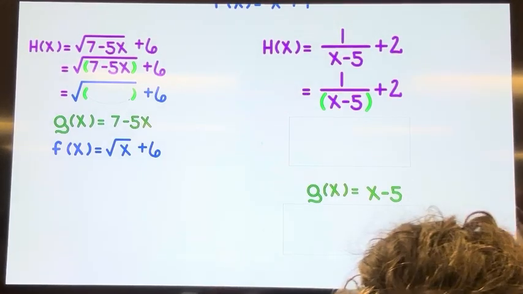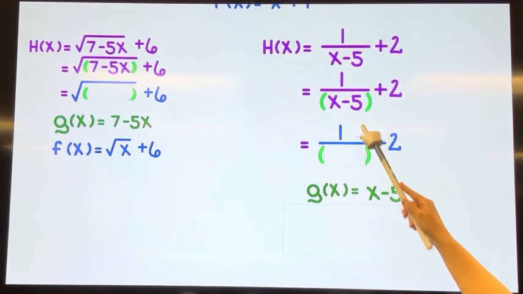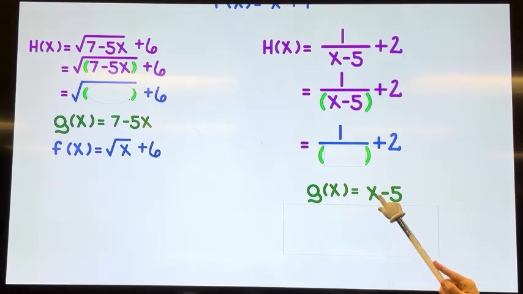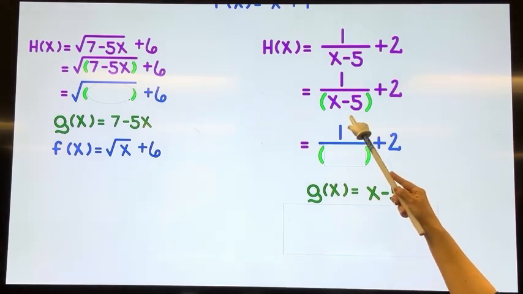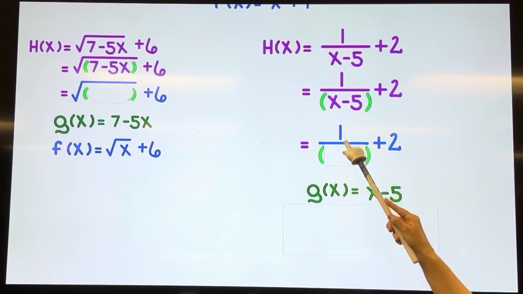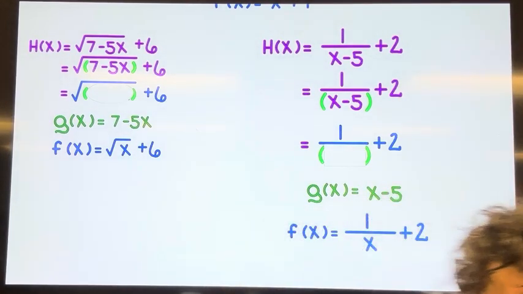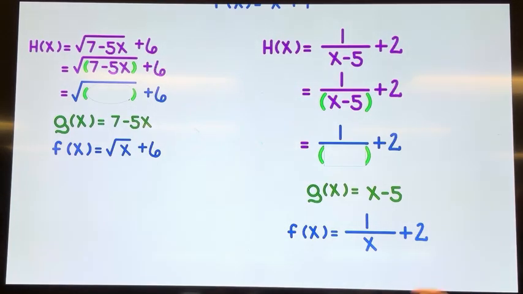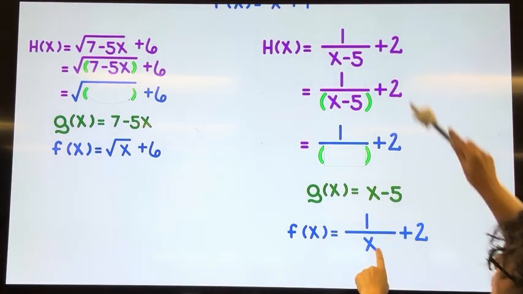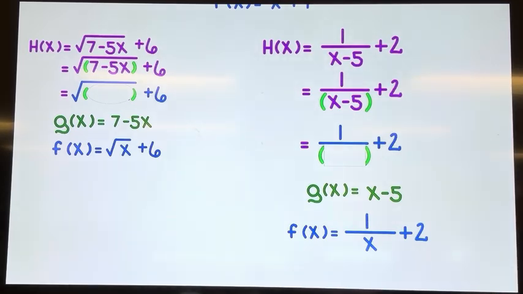And then just covering up that x minus 5, the function before I inputted x minus 5 would have been 1 over x plus 2. Going backwards one more time, if I said f composition g, I'd start with the f function. Every place I see an x, I would replace it with x minus 5, and if I do that, I'd be back to the original.